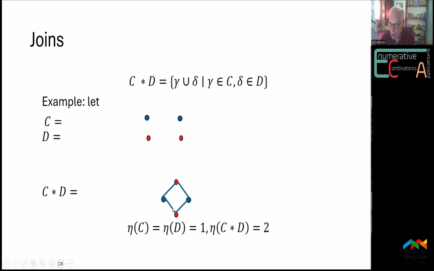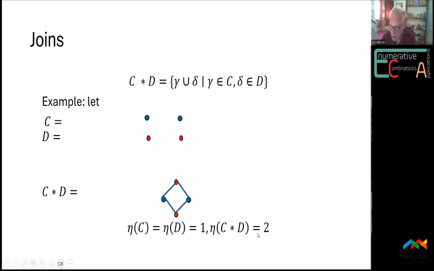Okay. Now notice something important. These two were disconnected, namely their eta was 1, if you remember. And here you got the join has eta 2, because you see the hole here in the middle is of dimension 2. So eta of C join D is 2.